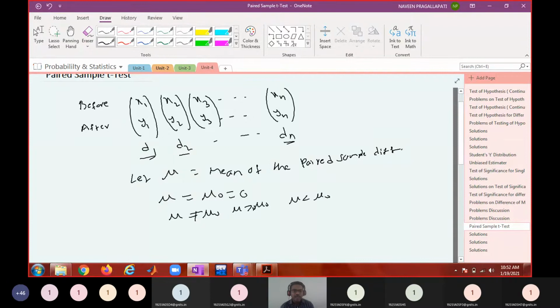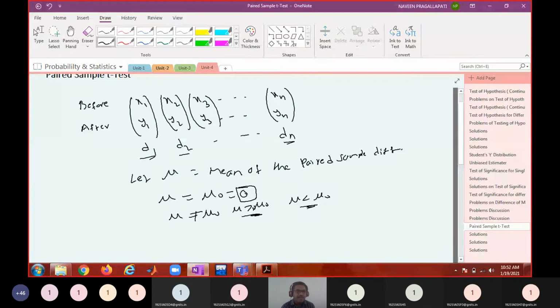If this mu naught equals 0, that means the particular process has no effect on the sampled data. And if you say mu greater than 0 or mu less than 0, then that means there is a significant change in the data before and after the process.